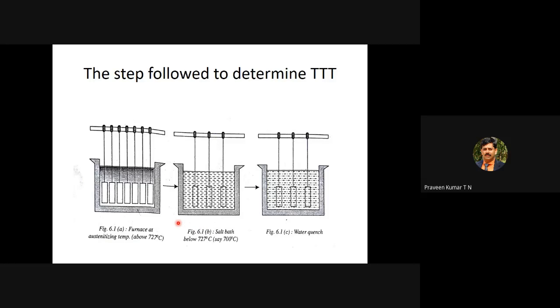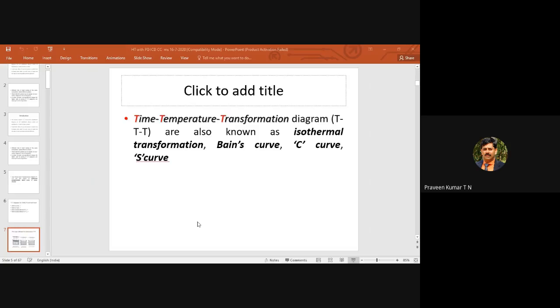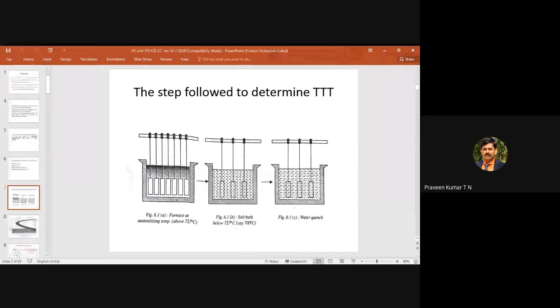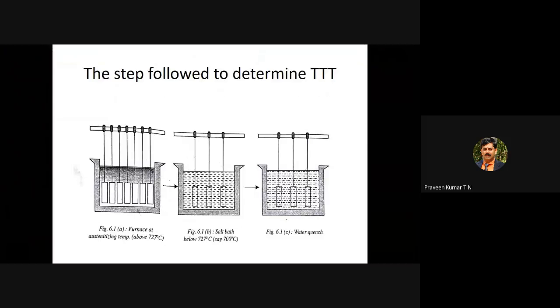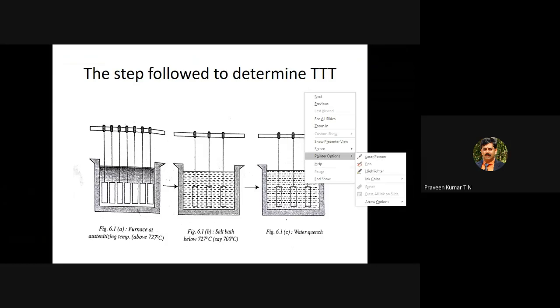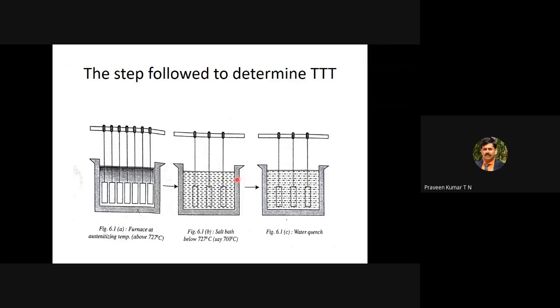It is an equilibrium cooling process. What is meant by equilibrium cooling process? Or isothermal process? So isothermal process means we have the salt bath. You have the complete transformation from austenite to the pearlite.